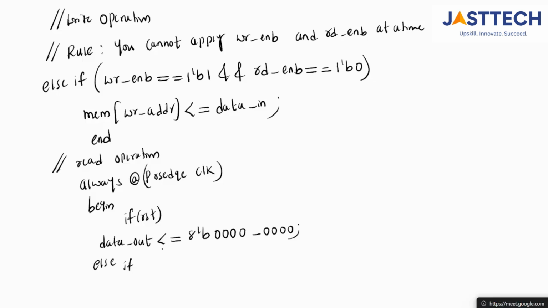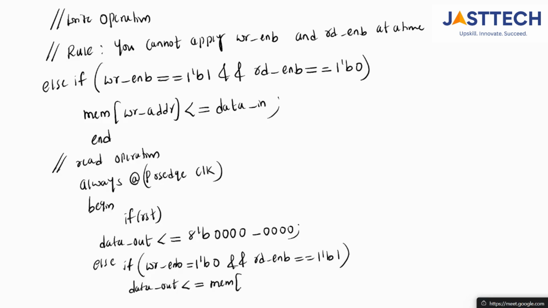Else, during the read operation you need to make write enable as 1'b0 and read enable as 1'b1, and data_out is mem of whatever data is present in that location.